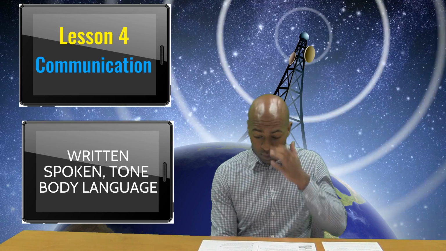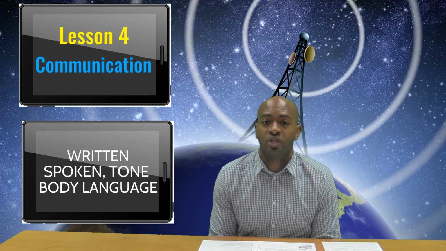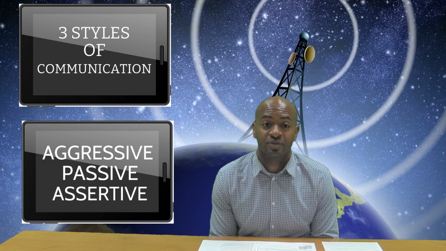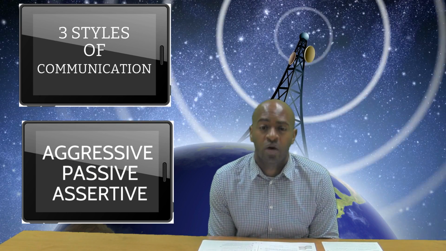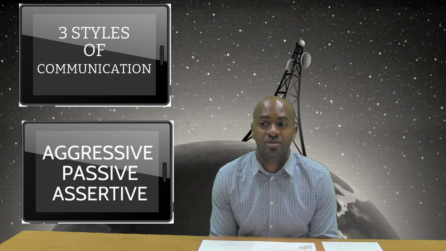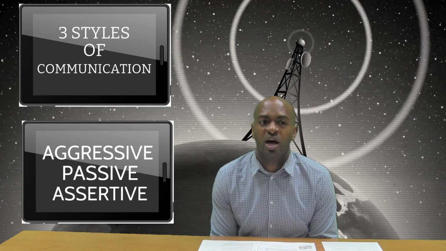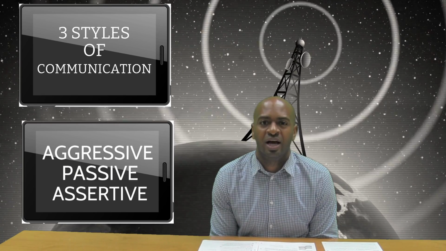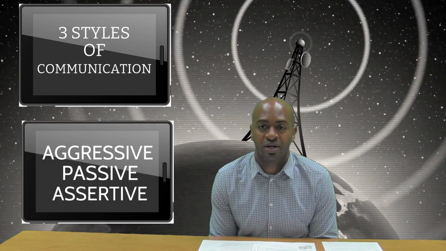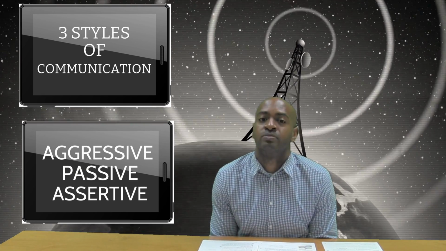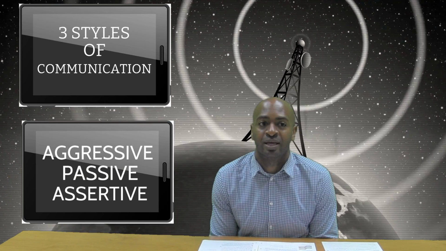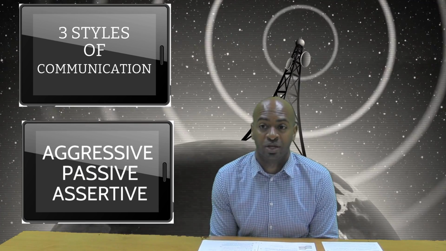Now, there are 3 types of communication style. There's aggressive, there's passive, and there's assertive. Aggressive communication is more of a pushy style: loud tone of voice, not really respecting the listener, and kind of a demanding communication style.